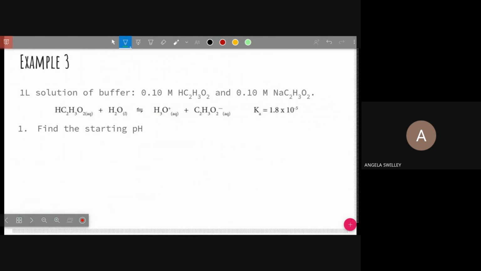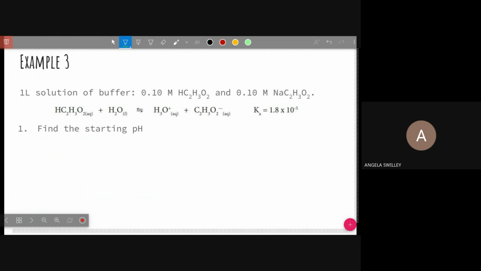All right, there are going to be several problems here with this one, but if you want to pause at the different points and try to solve it on your own and then resume, please feel free to do so. All right, it tells us we have a buffer solution made up of acetic acid and sodium acetate.